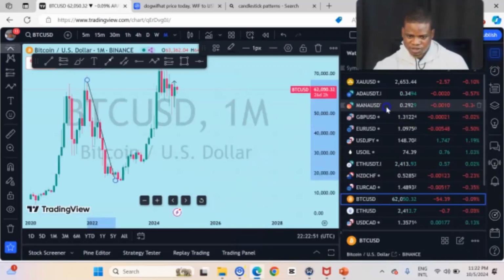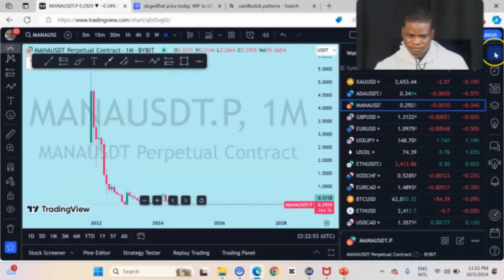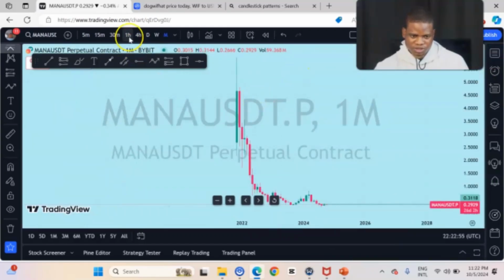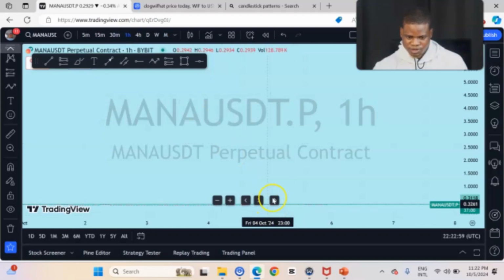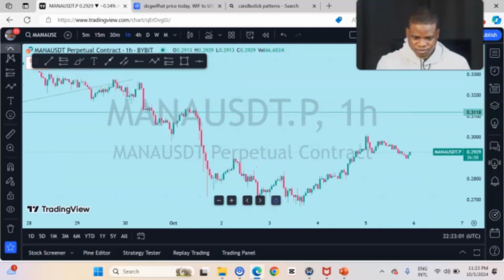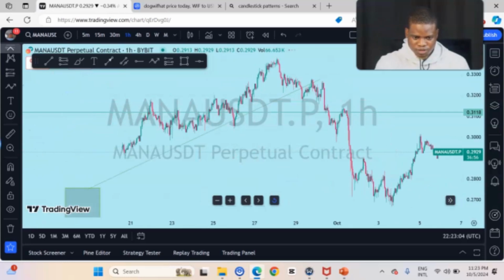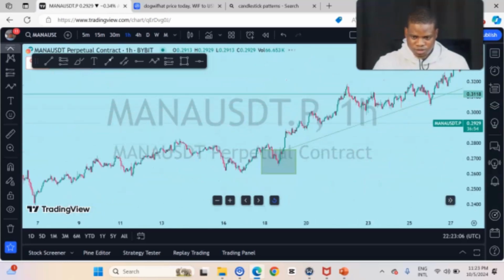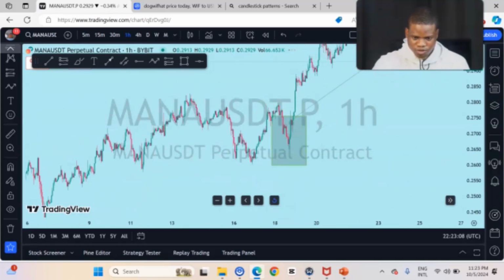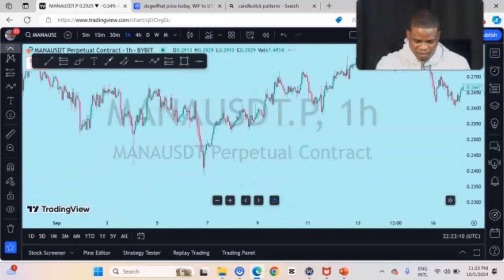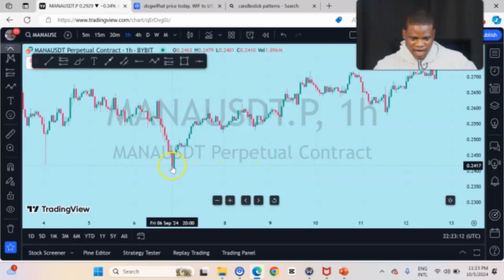If you look at the chart we just checked for mana, you would see we actually have a lot of hammers. So let's zoom in on this chart. You will see that you have a lot of hammers. So this one looks like a hammer, right?